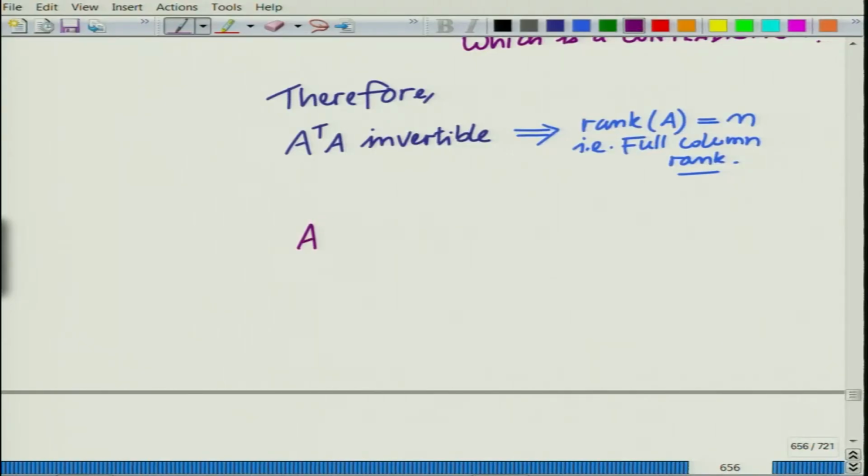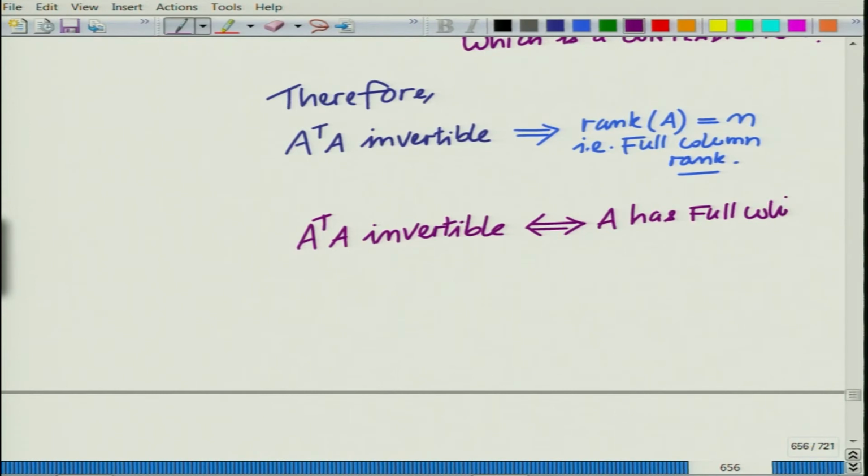So, essentially what this implies is A transpose A is invertible if and only if A has full column rank.